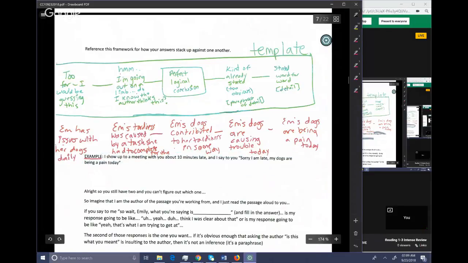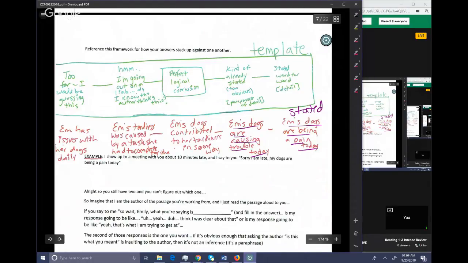So on the really, really stated end of the spectrum, M's dogs are being a pain today. That's pretty much word for word what I said, right? So that's definitely in the extremely stated category. A half step up from that would be, M's dogs are causing trouble today.